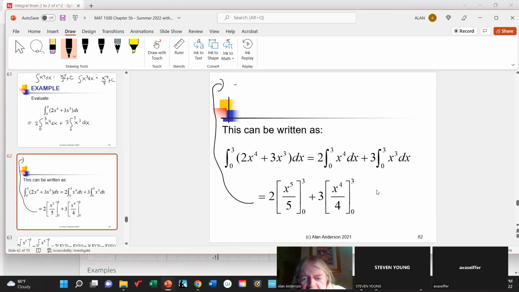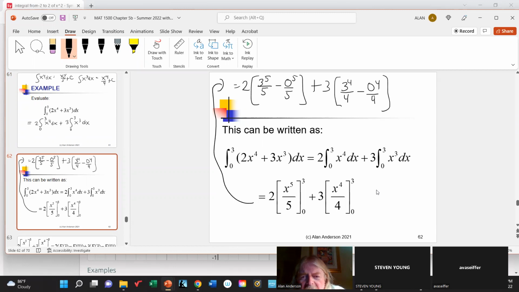This is a little bit messier because you've got to evaluate within each set of brackets. So I'm replacing the x's with the 3 first and then the 0 for each term. And then it's just a question of cleaning it up a little bit.